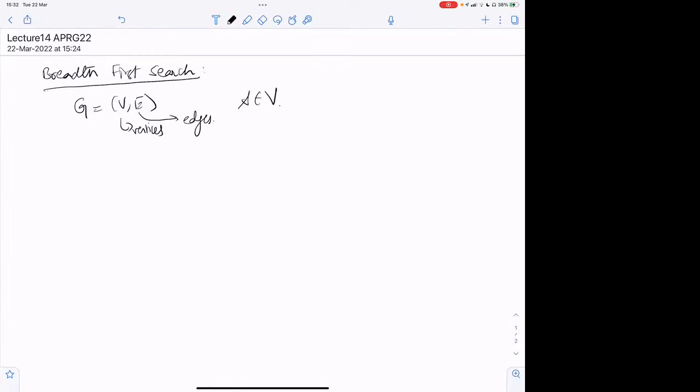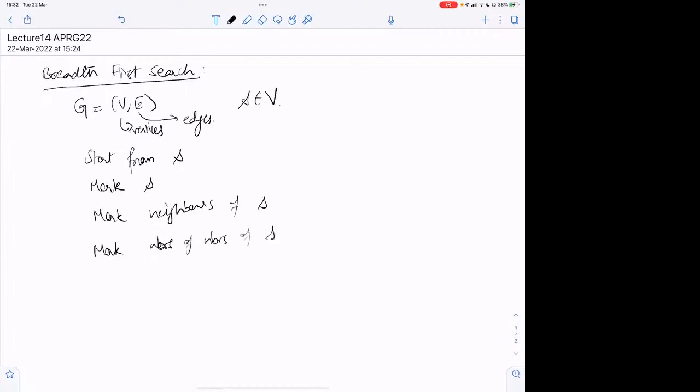what is the procedure you follow? You start from S. Look at the neighbor. So you mark S, correct? Then you mark neighbors of S. Then you mark neighbors of those, and so on, correct? You continue till no new vertices are marked, correct?